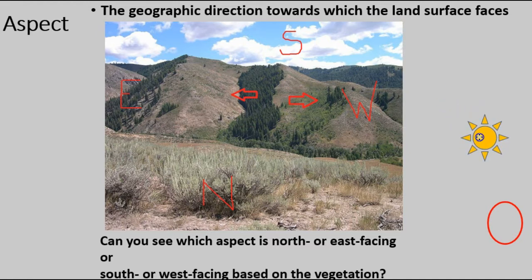As a result, the slopes that are facing to the north and facing to the east really don't get any direct sunlight because the sun is just creeping behind the mountains. As a result, there's a lot more snow buildup, moisture retention, and then we see the forests develop, and generally speaking, the height of the vegetation tells you something very general about how much moisture is available on those slopes.